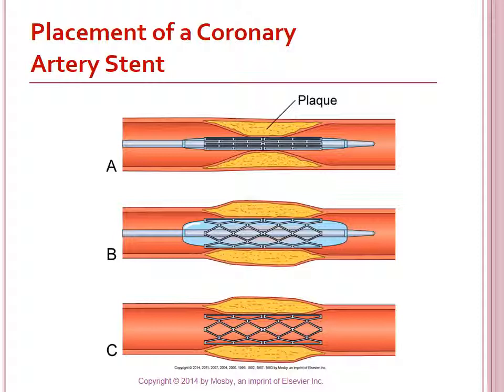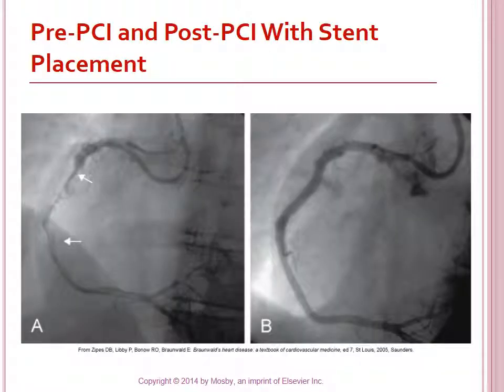The most serious complications from a stent placement are abrupt closure and vascular injury. In this slide, you can see very clearly the before the PCI placement and after the PCI placement.